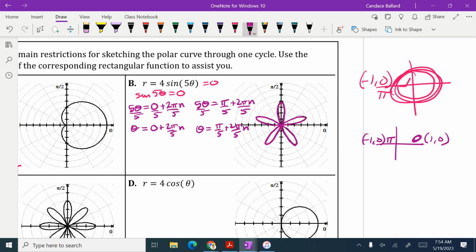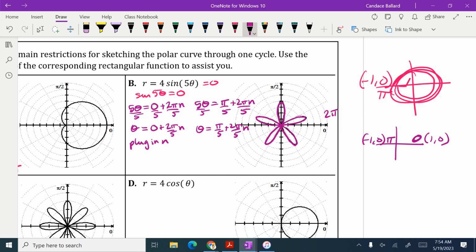So my first 0, and remember, I keep plugging in n. So what we're going to do here is plug in n, okay? I'm just going to start with 0, and then I'm going to go to 1 and 2 and 3 until I hit 2 pi. In our world right here in 5s, 2 pi, well, let's see what happens, okay?